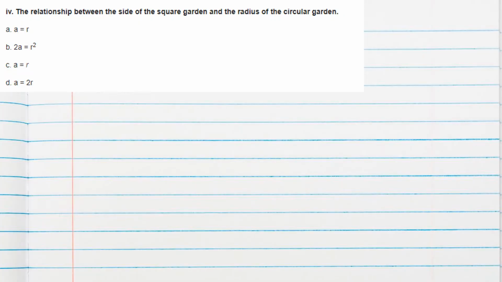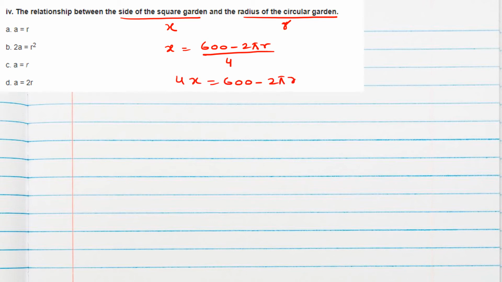Next question is the relationship between side of the square, that is x, and radius of the circular garden, that is r. In the very first step, we got the relation between x and r. That is, x is given by 600 minus 2 pi r divided by 4. So 4x is 600 minus 2 pi r.